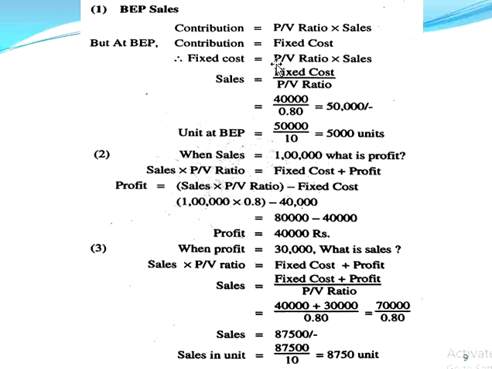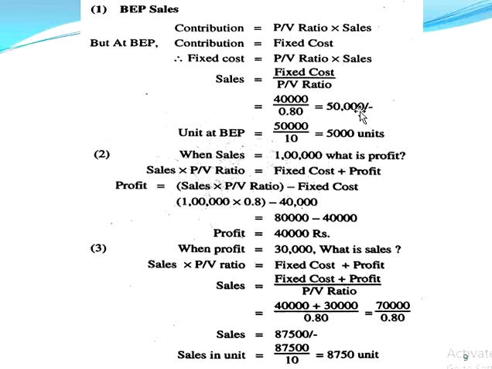Fixed cost is equal to PV ratio into sale, so the sale at break-even point is fixed cost 40,000 given, divided by PV ratio 0.8, which is 50,000 rupees.